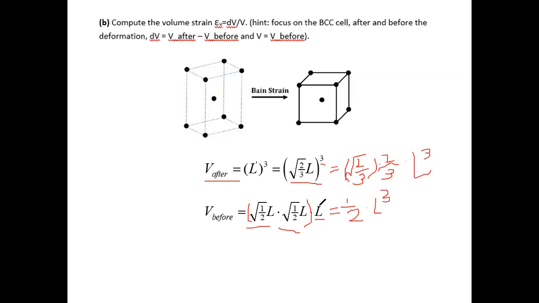Does that make sense? Okay, and then you can define, I think this question guides you through, the change of the volume, which is V after minus V before. So you take this V after minus V before and divide by V before, and this actually allows you to compute an overall change of the volume.